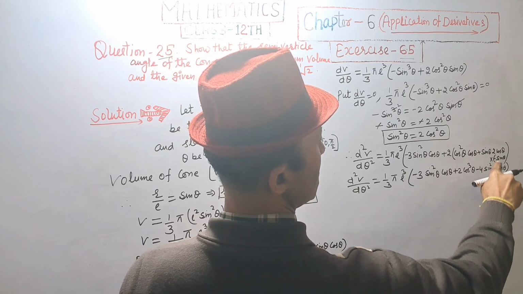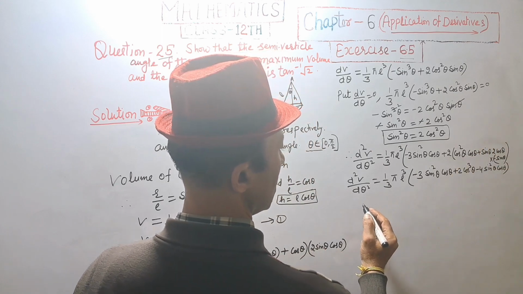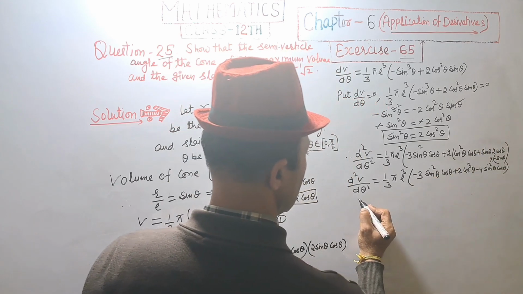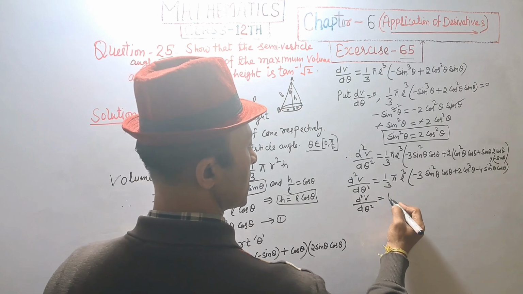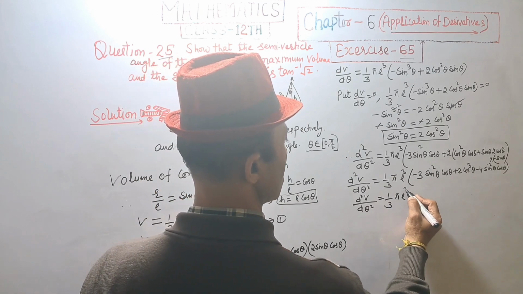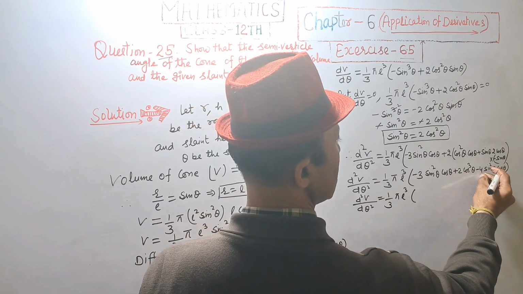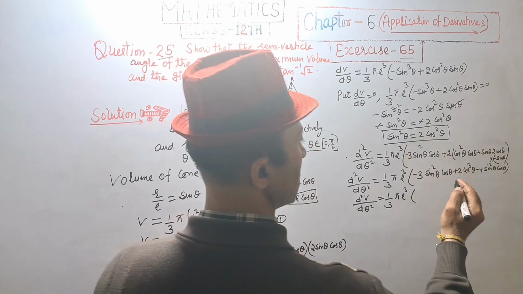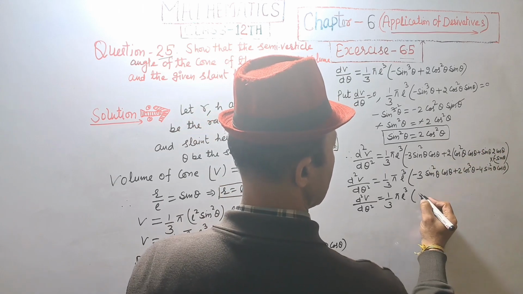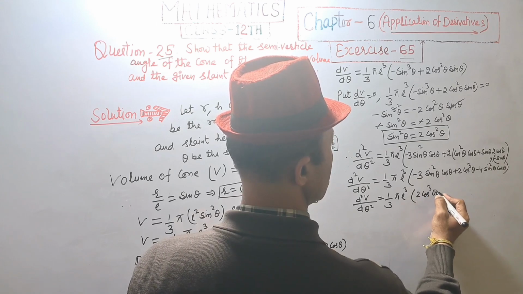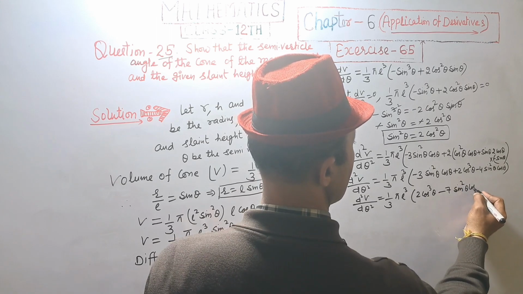So it is minus 3 sin square theta cos theta minus 4 sin square theta cos theta, that is minus 7 sin square theta cos theta, and 2 cos cube theta as it is.